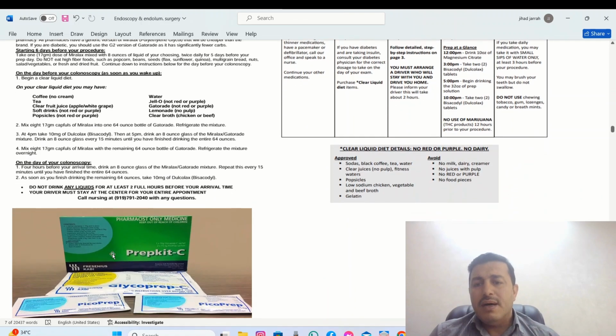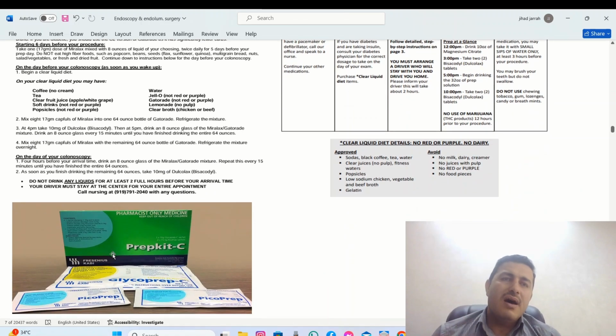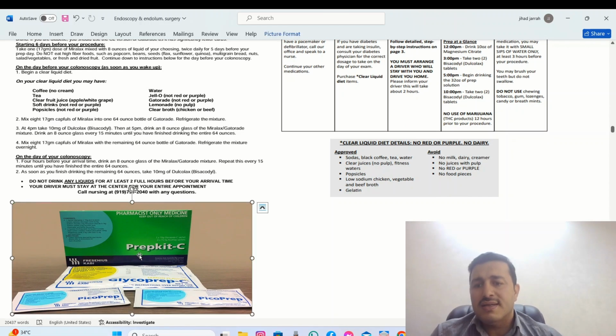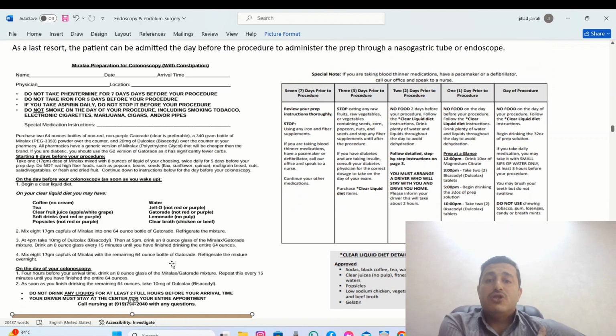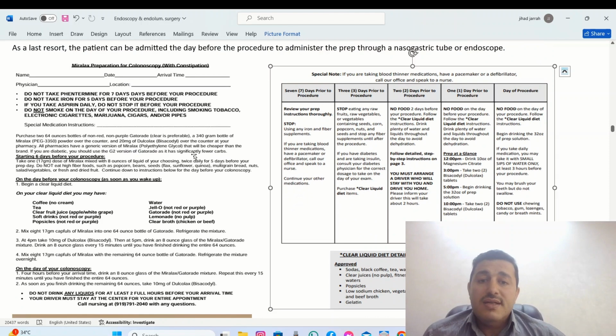There are some agents that are tailored to patients who have, for example, constipation. You can see this is a PEG type of osmotic agent used for bowel prep, and C I think means constipation. So these are directed to patients with constipation. These are two regimens used in different institutes, in different hospitals, designed to deal with patients with constipation.